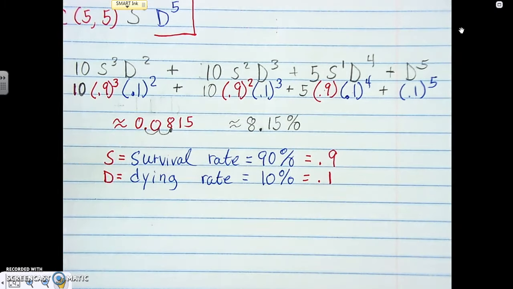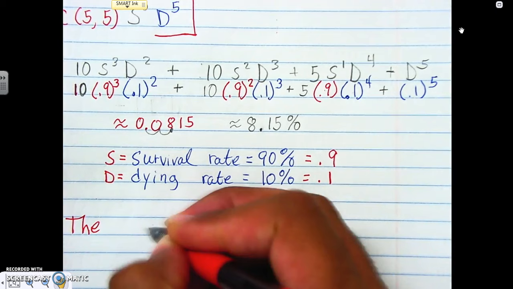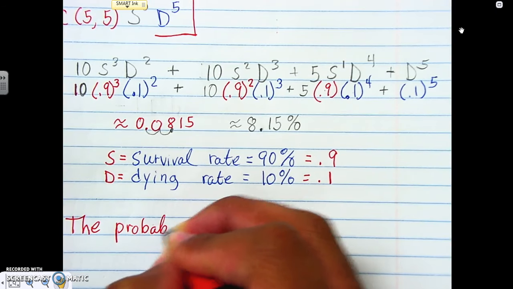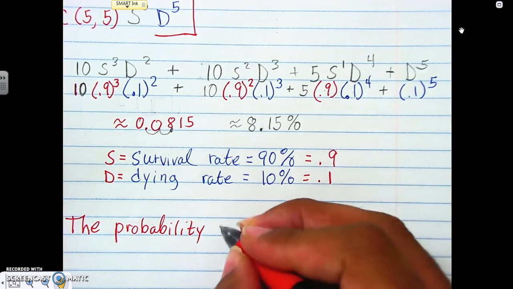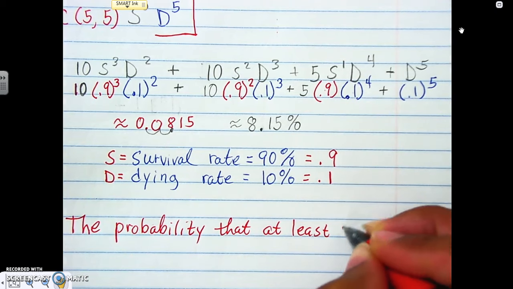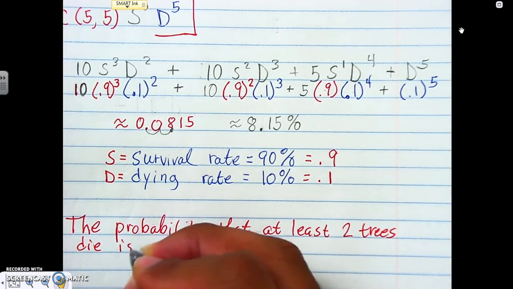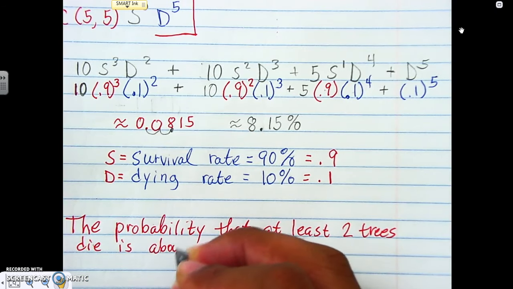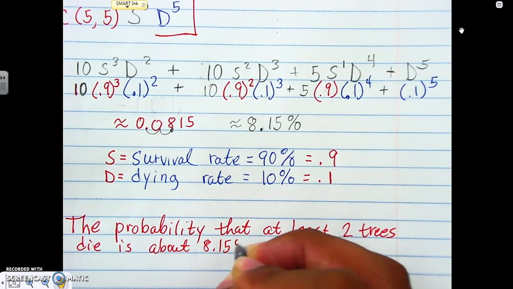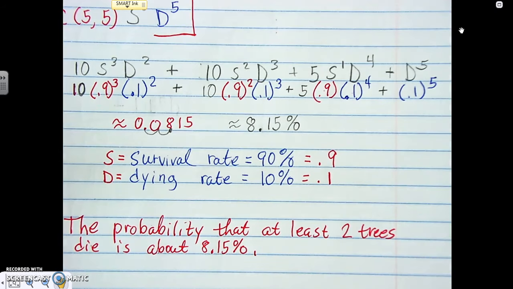And then again, write that in the sentence so that it makes sense, so it's not just a number. So the probability that at least 2 trees die is 8.15%. Okay, and that's it.